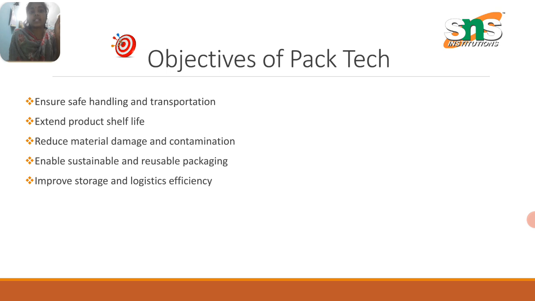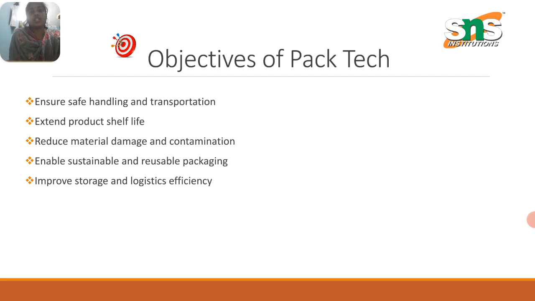Next is enable sustainable and reusable packing. So, the materials we use should be reusable and sustainable, and we have to make products like that, and improve storage and logistic efficiency. If we store a product with proper packaging, it will have a good life and leads to a long-term life period.